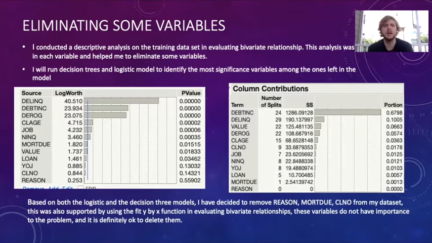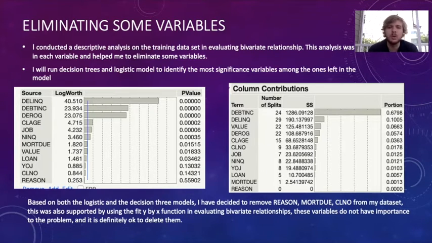So basically, I have conducted a descriptive analysis on the training data set, evaluating bivariate relationships. This analysis was done on each variable and helped me to eliminate some variables. So over here, I have the column contributions for the partition, which is the decision tree, and the column contributions for the logistic model.